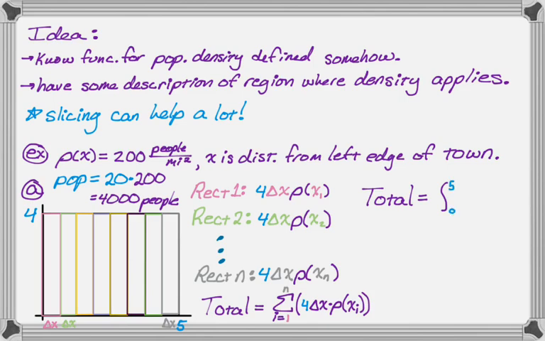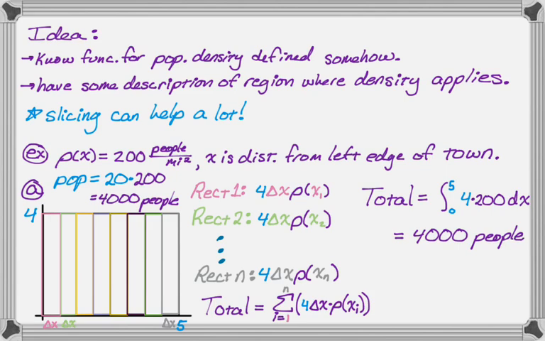Then it's just converting everything. The 4 remains the same. It's going to be rho of x, because when you take the limit, the x sub i's just become x. So it's rho of x, but that's just 200 in this case. And the delta x becomes dx. If we evaluate this integral, however you want to do it, we actually just get 4,000 people, which is exactly what we were expecting.